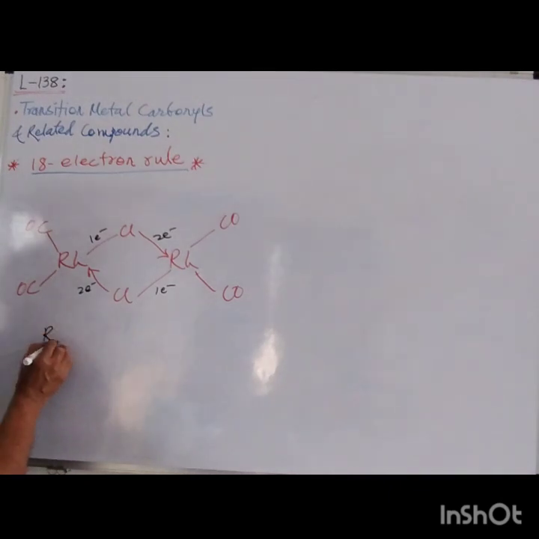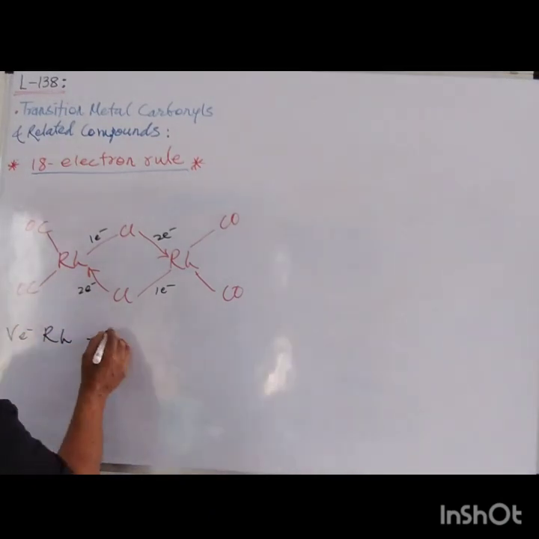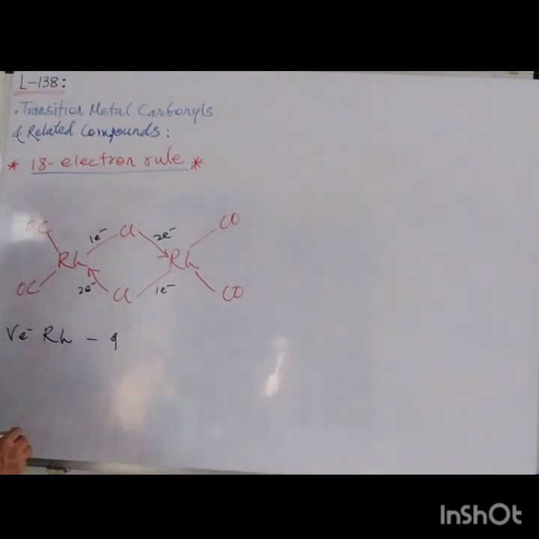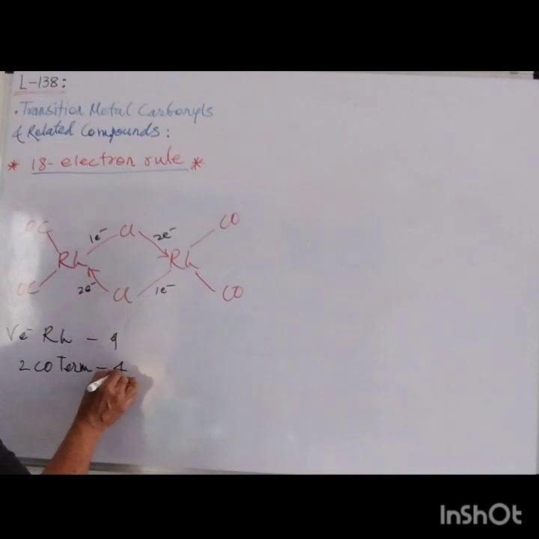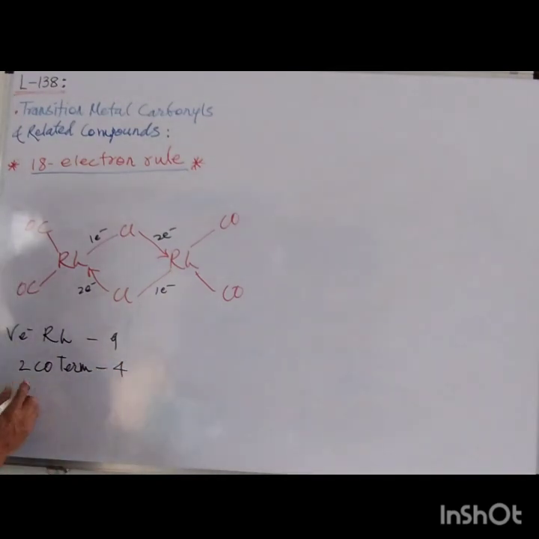Rh valence electrons are 9. Then for the first problem we take 2 carbon monoxide per Rh. 2 carbon monoxide, that is terminal, will contribute 4 electrons. Then each Rh will be in contact with 2 Cls.